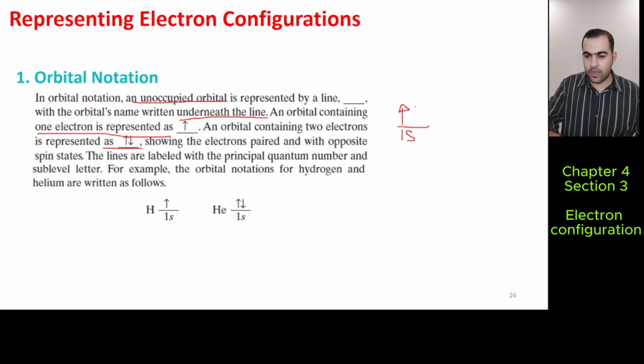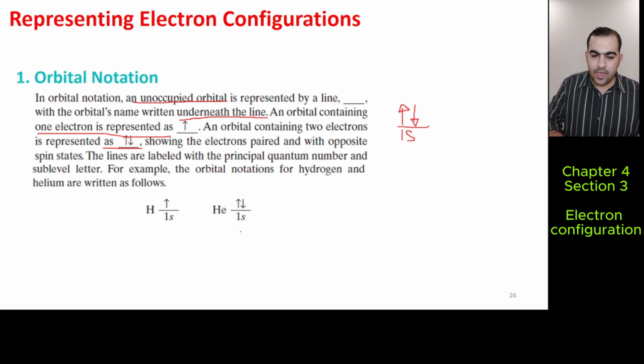So, look here: for hydrogen it is 1s with 1 arrow upward, because hydrogen has only 1 electron in its atom. Helium has 2 electrons in 1s, the first upward, the second one downward. So this is how we write orbital notation.